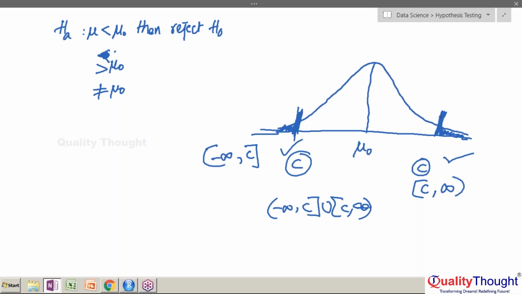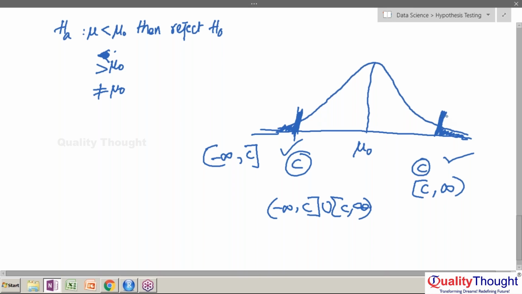Let us take one example. The same bakery example I'm going to take up.